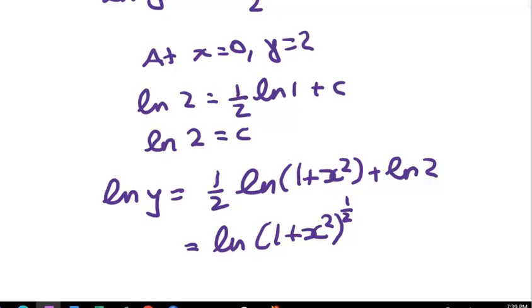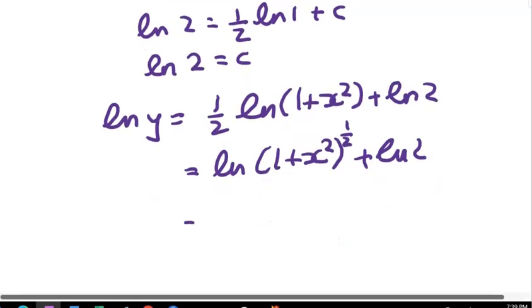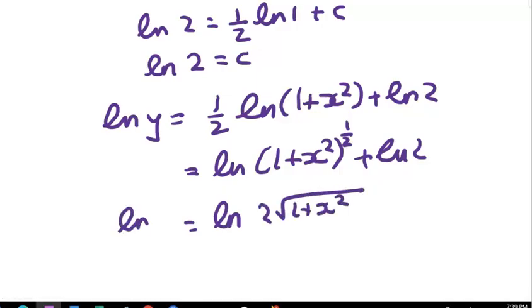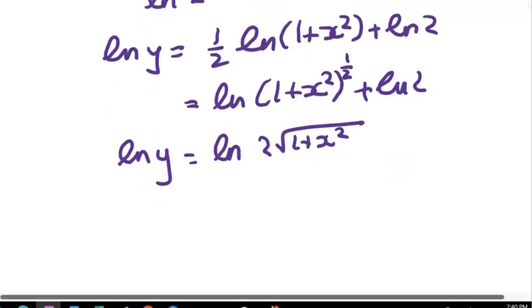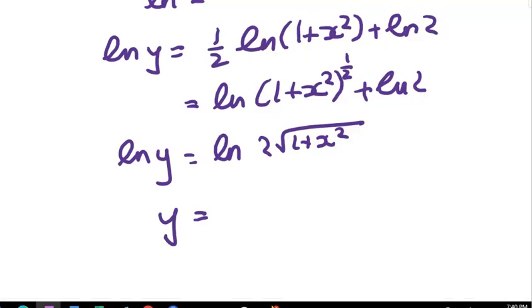And I'm going very slowly here, more slowly than you have to. So we've got the natural log of 2 root 1 plus x squared, and that's equal to the natural log of y. So doing e to the power of both sides, we get y is equal to 2 root 1 plus x squared, and that's it.